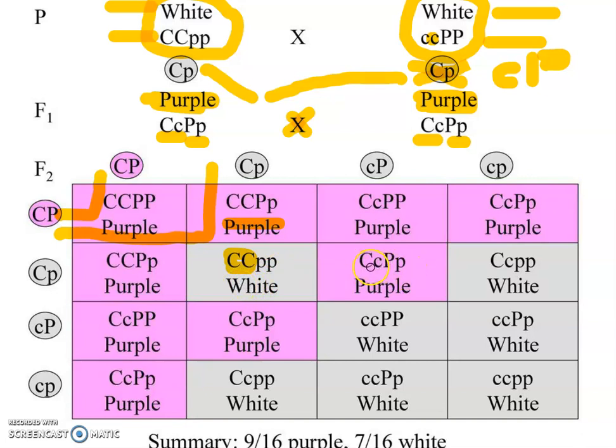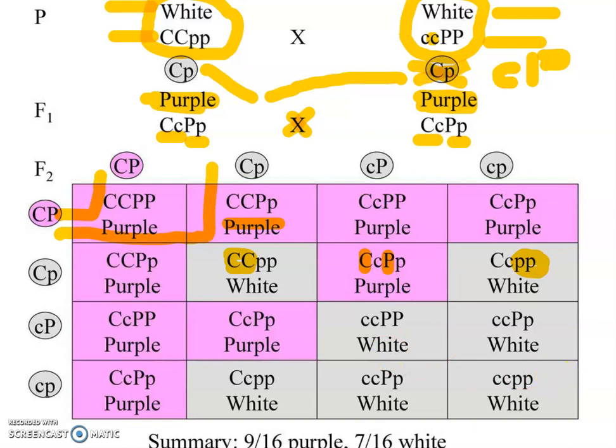Here C and capital P are present, at least one dominant gene of each, so the color develops. Here this is recessive, because of that color is not developed. Here also color is not developed.